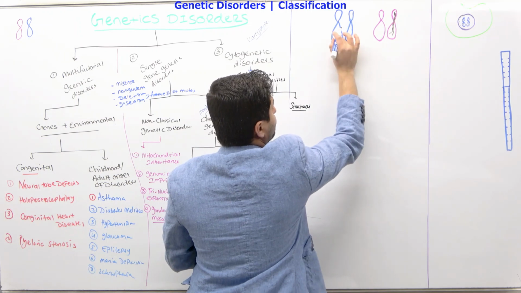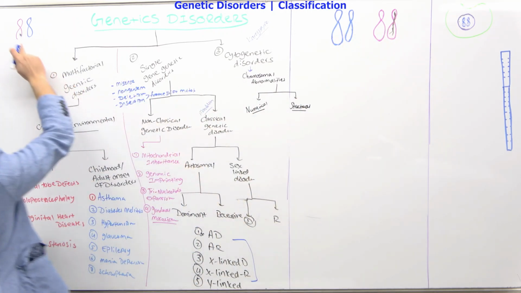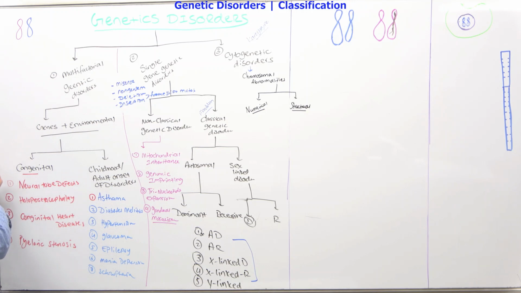So you get one from father and one from mother. If you're talking about the number of chromosomes, we write something like 1n, where the 1 refers to a set of chromosomes.